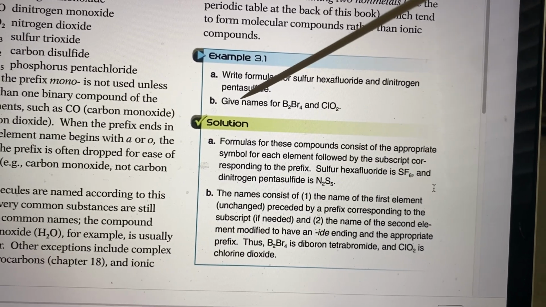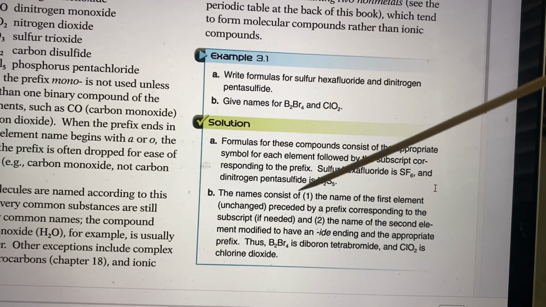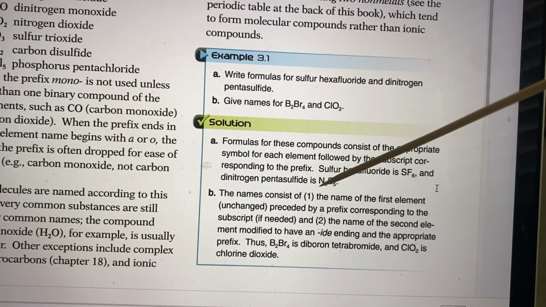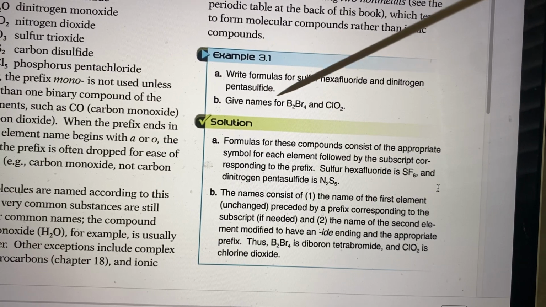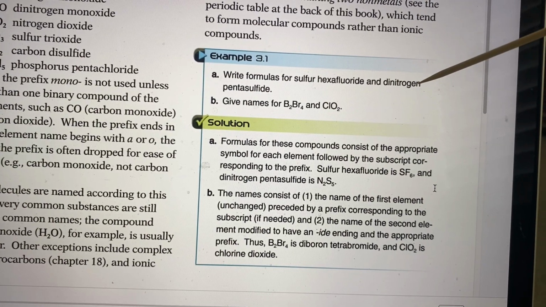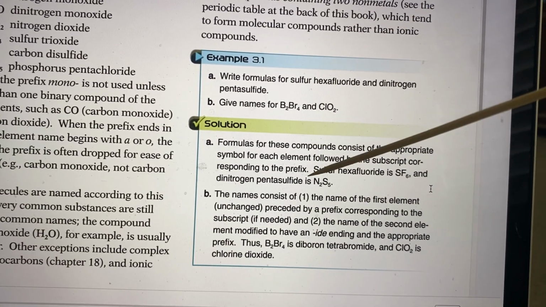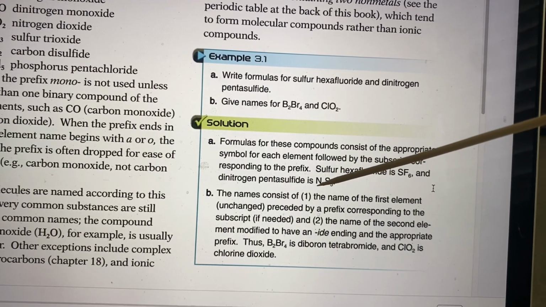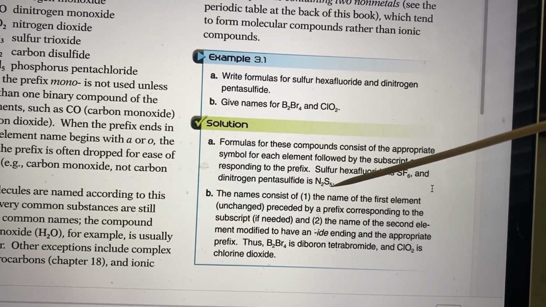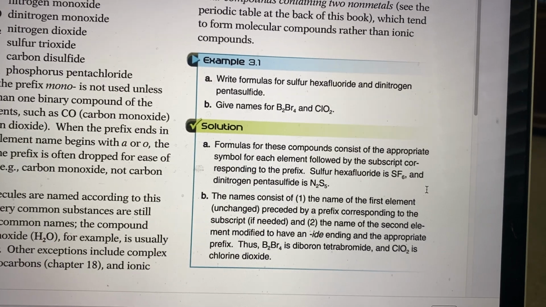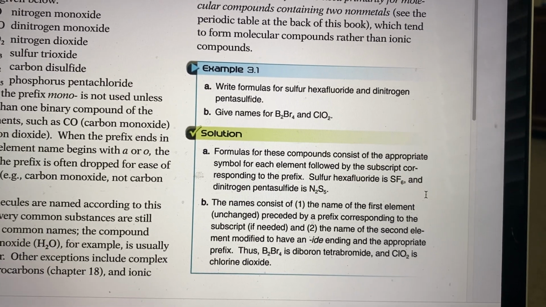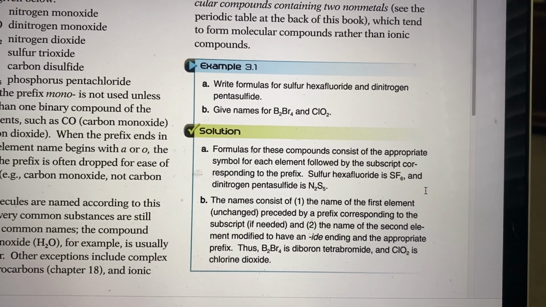And the next one is dinitrogen pentasulfide. Penta means 5. So, sulfide, so we have dinitrogen pentasulfide. So how many nitrogens? N, 2 nitrogens, and 5 sulfides. So N2S5. So see how I did that?